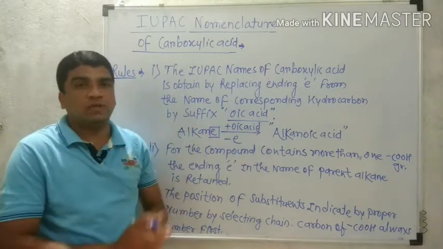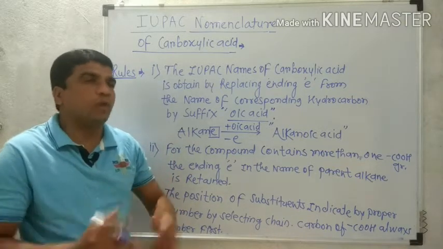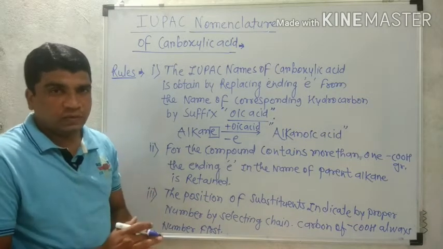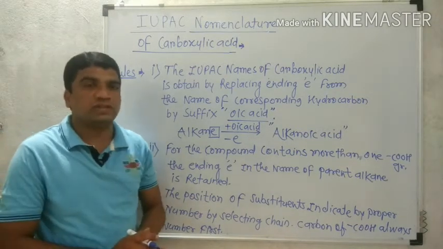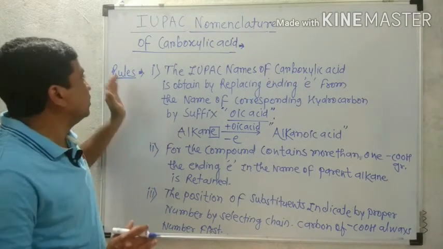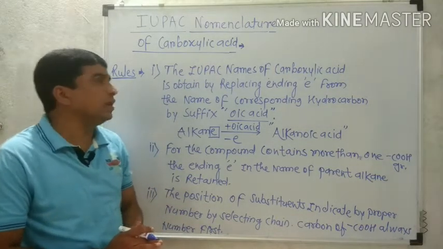How is the IUPAC name of carboxylic acids obtained? There are some rules to understand the system. Now we are going to explain the rules to assign the IUPAC names for carboxylic acids.